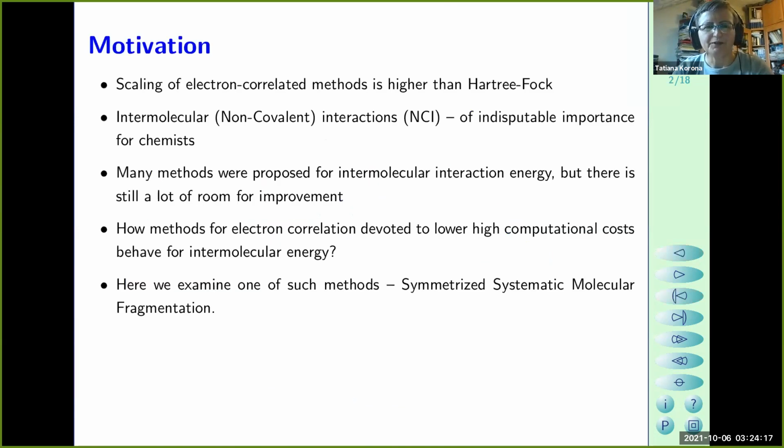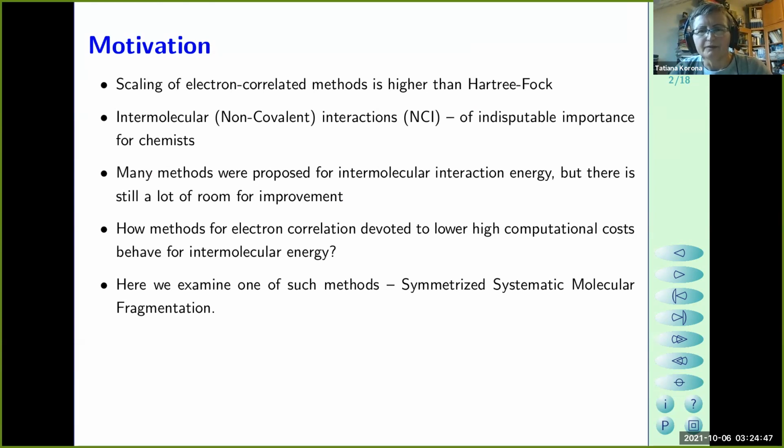So our motivation was that, as usual, the scaling of electron correlation methods is higher than Hartree-Fock. On the other hand, we know that intermolecular interactions, which are of indisputable importance for chemists, require electron correlation methods, even for qualitative results.